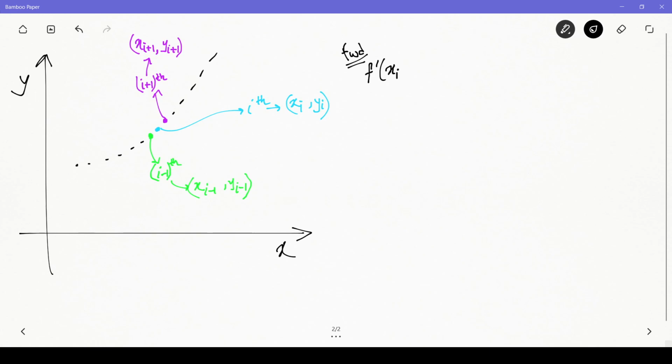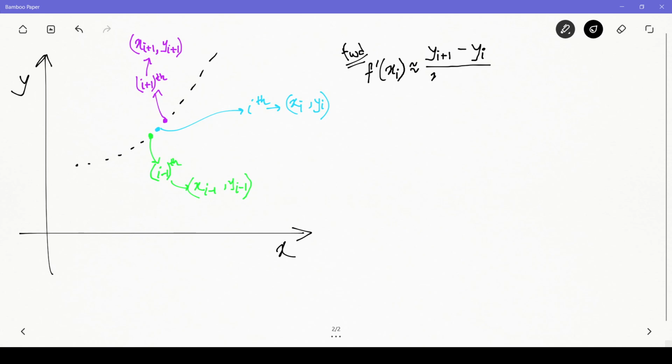So the first derivative of the function at the point x sub i is approximately equal to y sub i plus 1, which means the point that is ahead of the point at which I am trying to calculate the derivative, the ordinate of that point minus the ordinate of the point at which I'm trying to calculate my derivative, divided by the difference of the abscissa at those respective points.